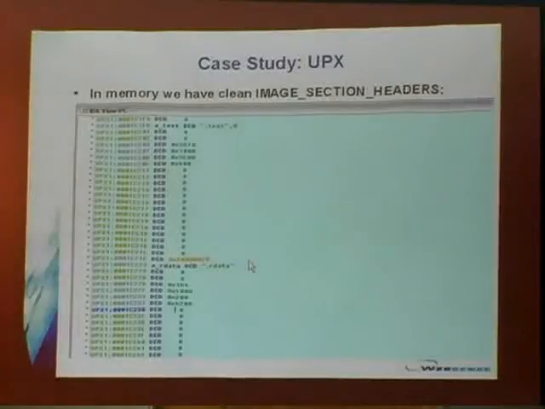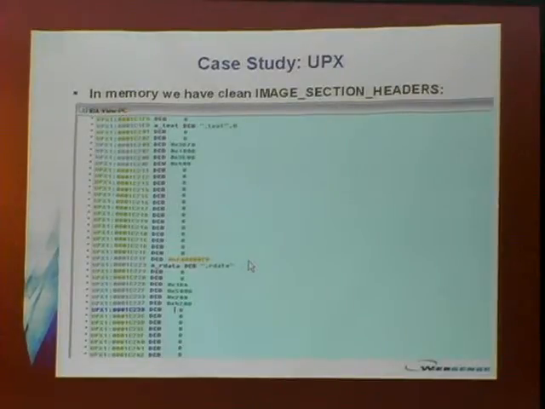And exactly like the one on Windows PC, you have a clean image section headers array of structures in memory, so you can have information about the sections prior to compressing.